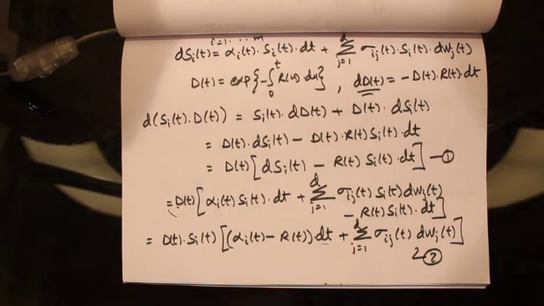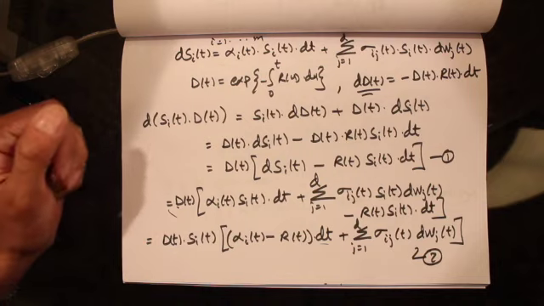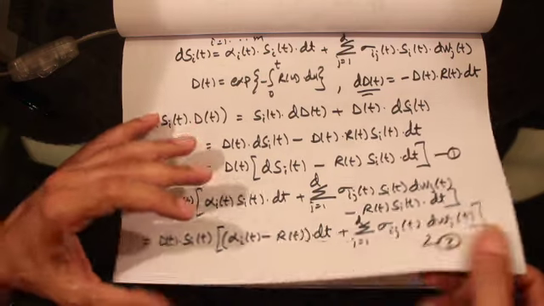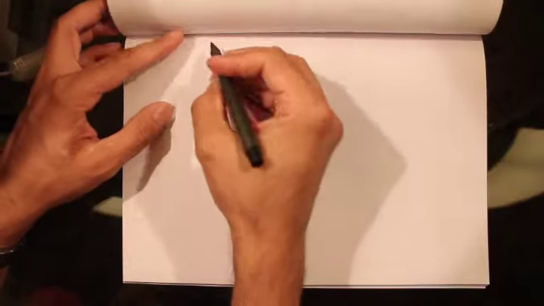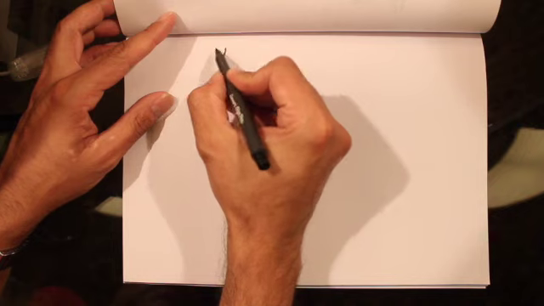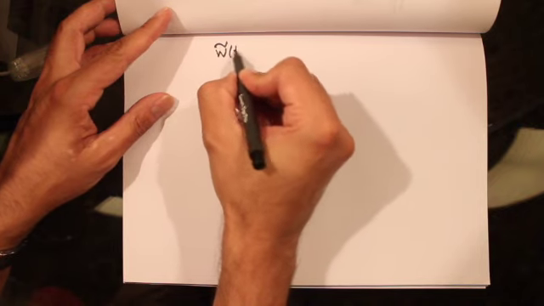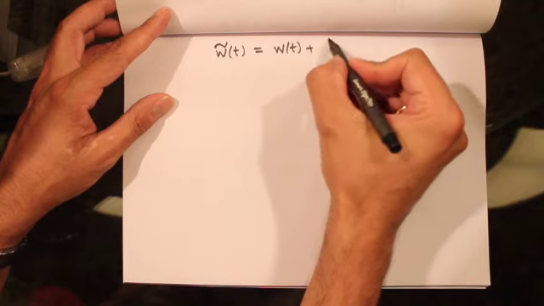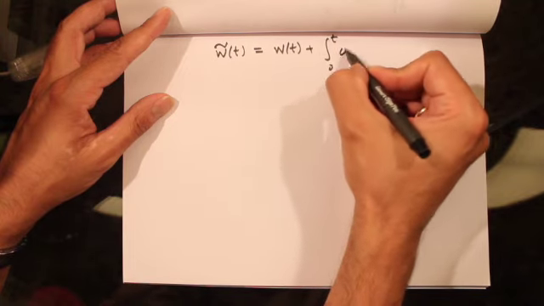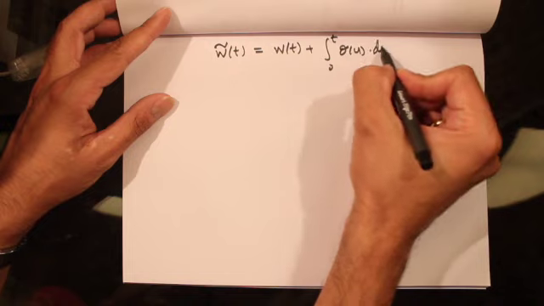Okay guys, so we already know how we change measure from P to P tilde, right? We use Girsanov's theorem to change the measure from P to P tilde. And if you remember Girsanov's theorem, that time we said we define a process W tilde of t, which is equal to W of t plus the integral from 0 to t of theta(u) du, right?